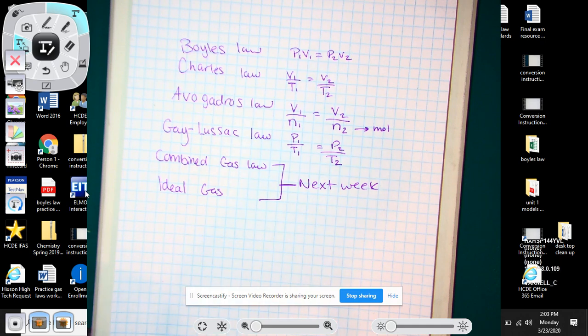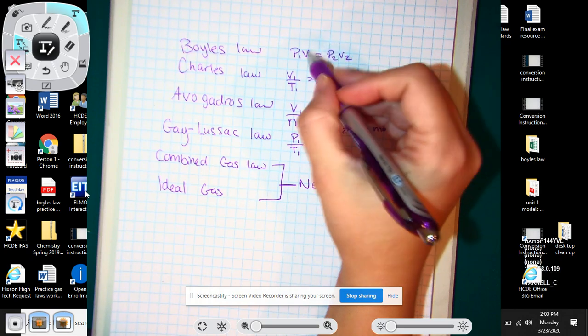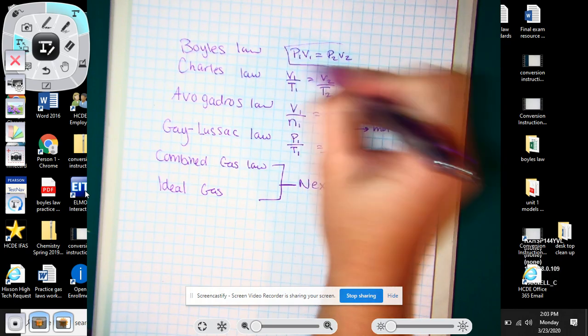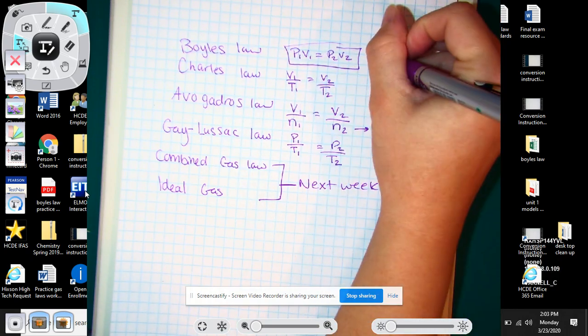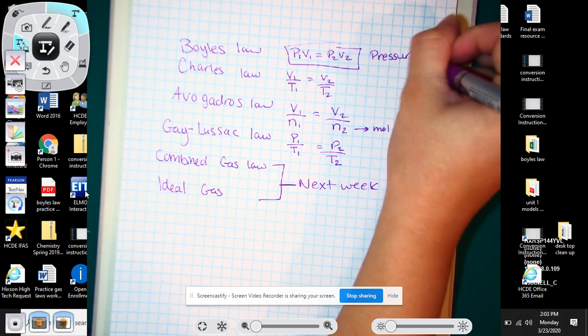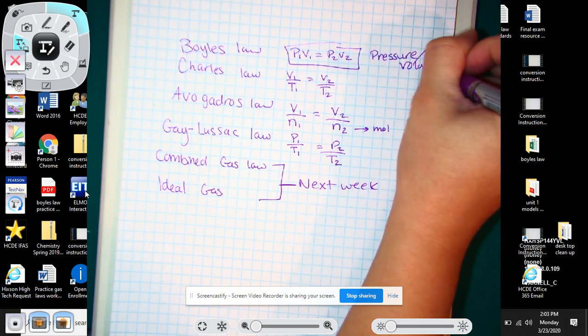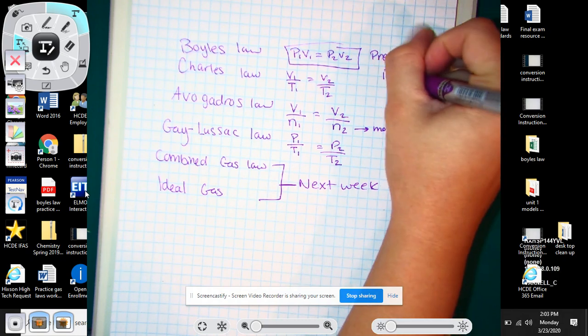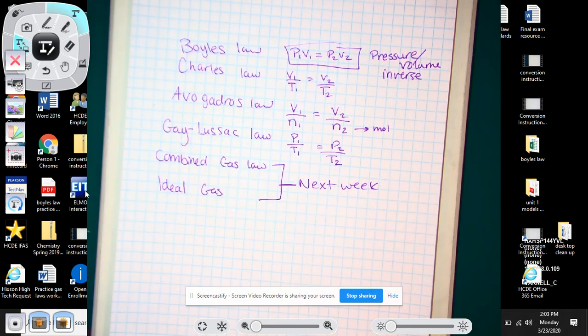Something I did want to point out, you should have figured out when you were doing your Boyle's law lab that pressure and volume have an inverse relationship. Now, what does that mean? Basically, it just means that when pressure goes up, volume goes down. When volume goes up, pressure goes down.